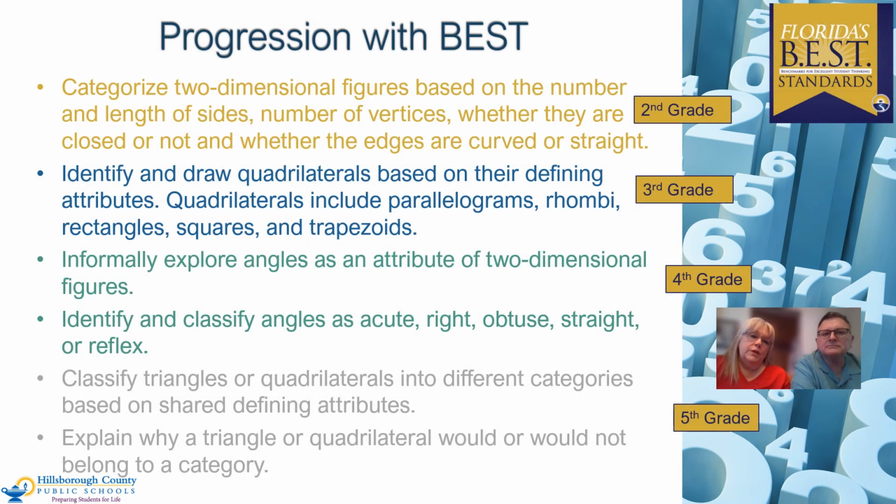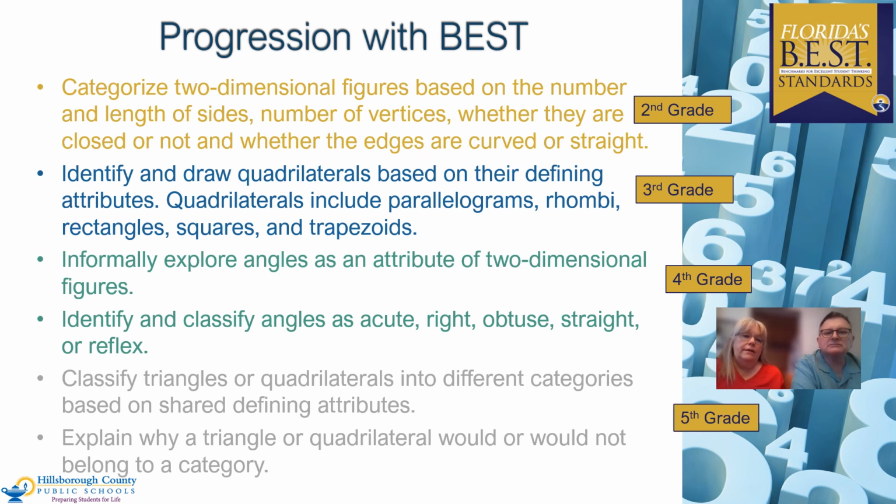Here we're going to look at the progression with the BEST standards, and even though geometry instruction begins in kindergarten, the formal language of defining attributes comes into play in 2nd grade. So starting in 2nd grade, they work on defining attributes. In 3rd grade, they're sorting quadrilaterals. In 4th grade, they're working with angles.